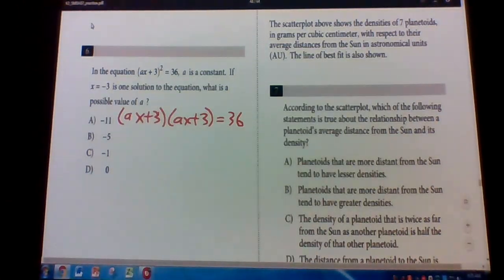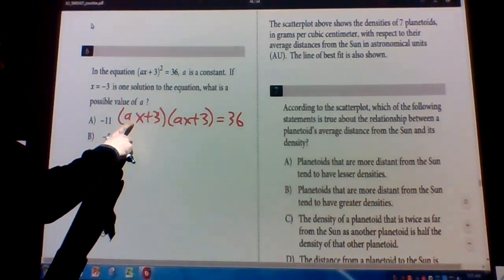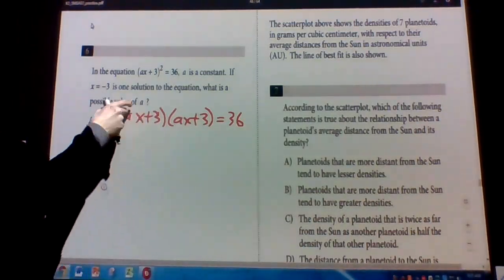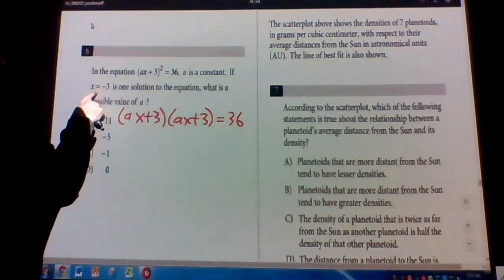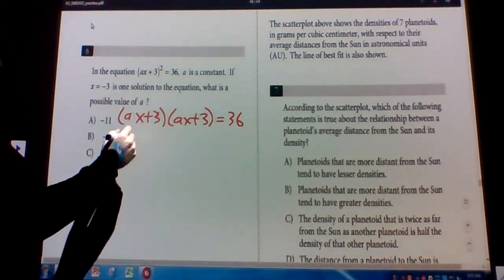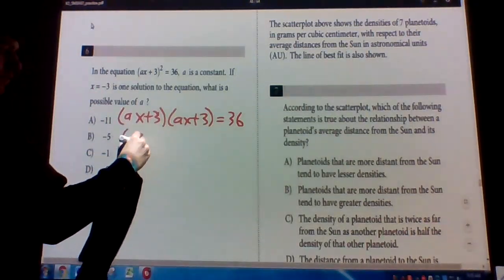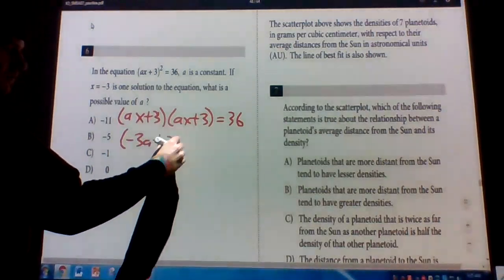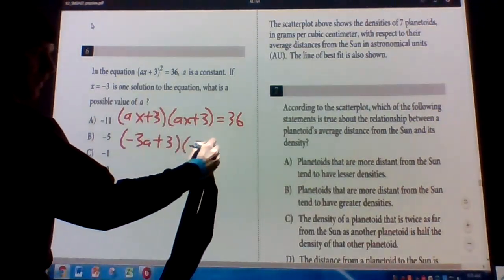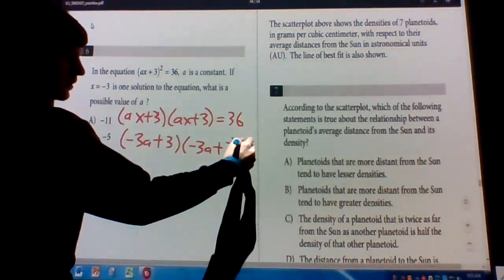Right, and from there we just really need to solve for a. So we can plug in negative 3 here for x. We can do negative 3a plus 3, and then negative 3a plus 3 equals 36.